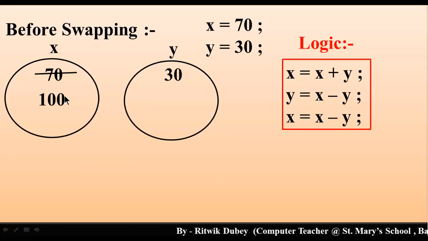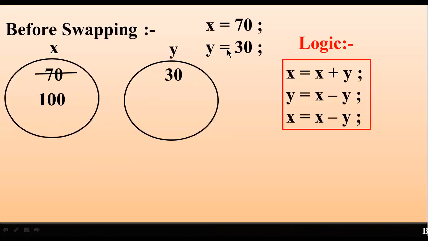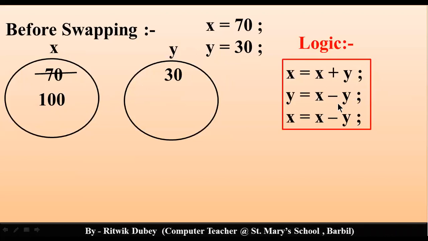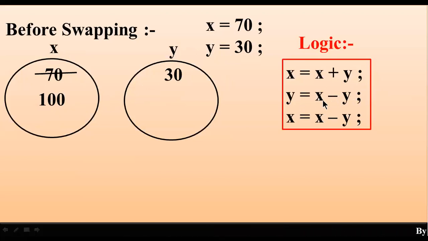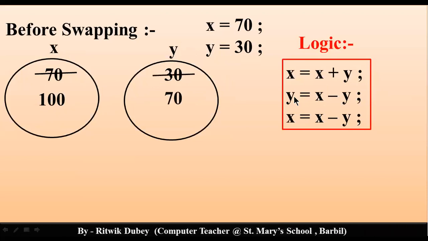Now, 100 minus 30, in variable Y, what do you need? 70. So 100 minus 30, 100, where is it? X. X minus Y. So we have written X minus Y. Whatever the value will come, we will have to store in variable Y. So 100 minus 30 is 70. 70 will go to variable Y. So 30 will get replaced by 70.